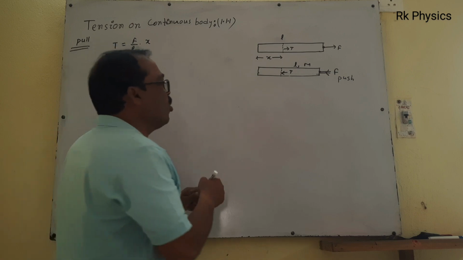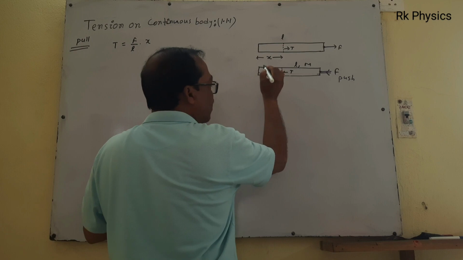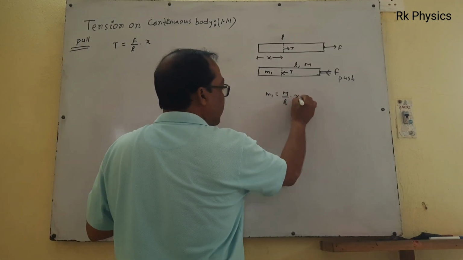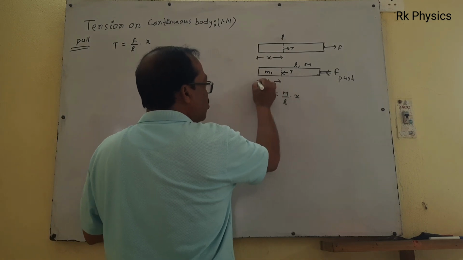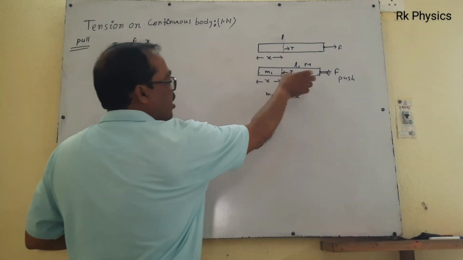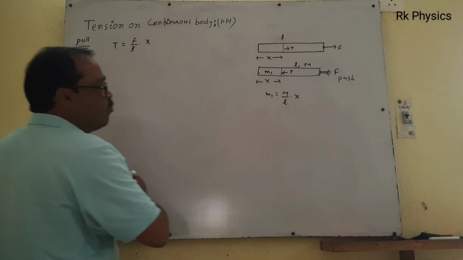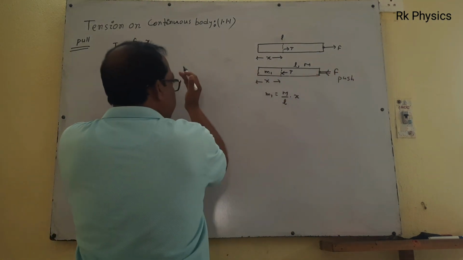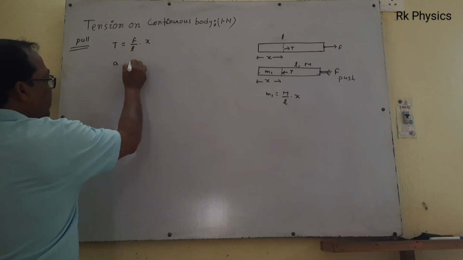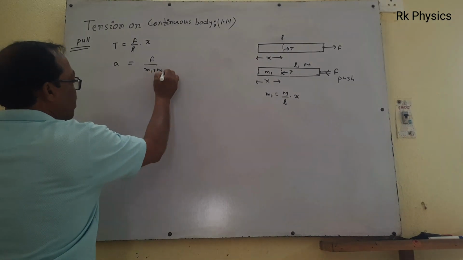The force on this second section, I am taking mass M1. So what is M1? Mass per unit length into length of this section. Suppose x is the length of this section. The tension is acting on M1. If tension is acting on M1 and the entire system is moving with acceleration A, then you can take A equal to force divided by total mass of this system.